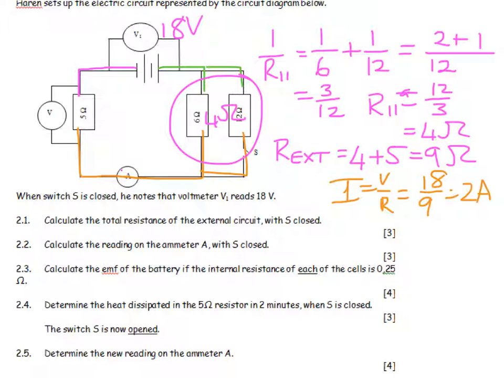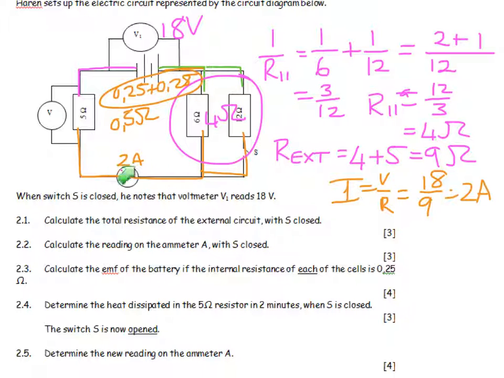Calculate the EMF of the battery if the internal resistance of each of the cells is 0,25. So there are 2 cells over there, so it's going to be 0,25 plus 0,25. So the total internal resistance is going to be 0,5 ohms. I know how much current is going through there because I've already worked out that this ammeter is reading 2 amps.